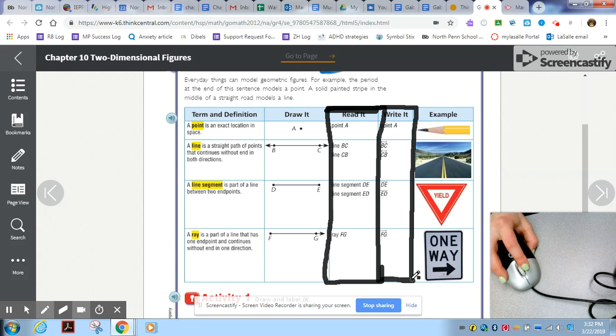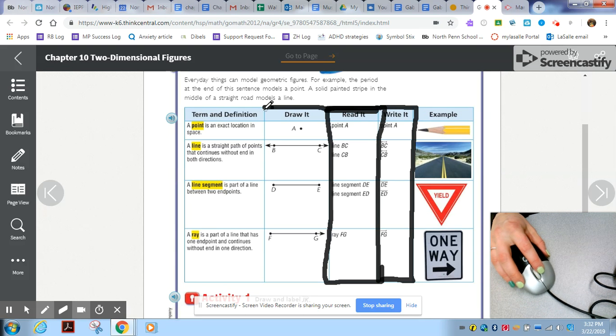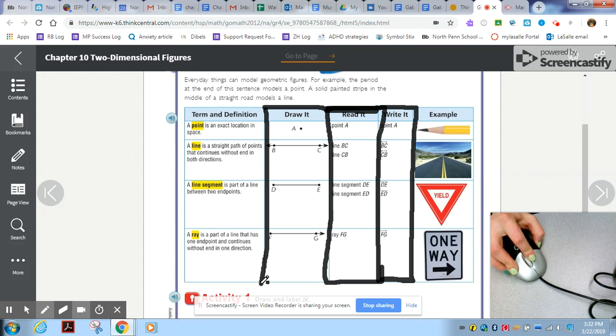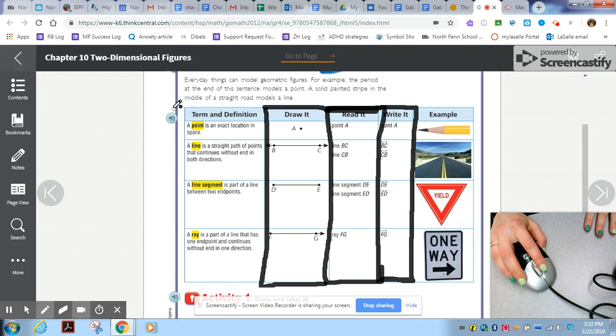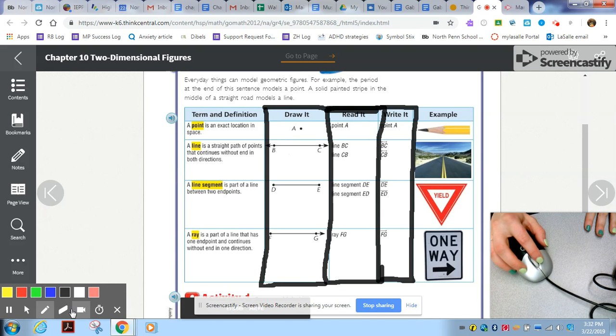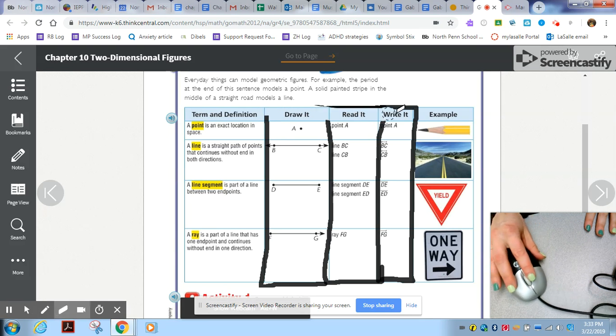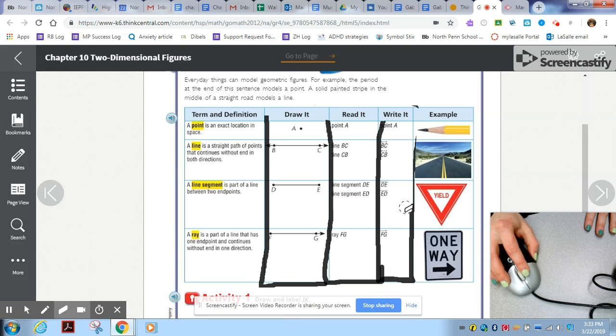Because when we see these, then we're going to be able to know how to draw them. So all I would like you to do on this page is just draw underneath for each one. So let's go through them, and let me just erase here so that we can see a little bit better.